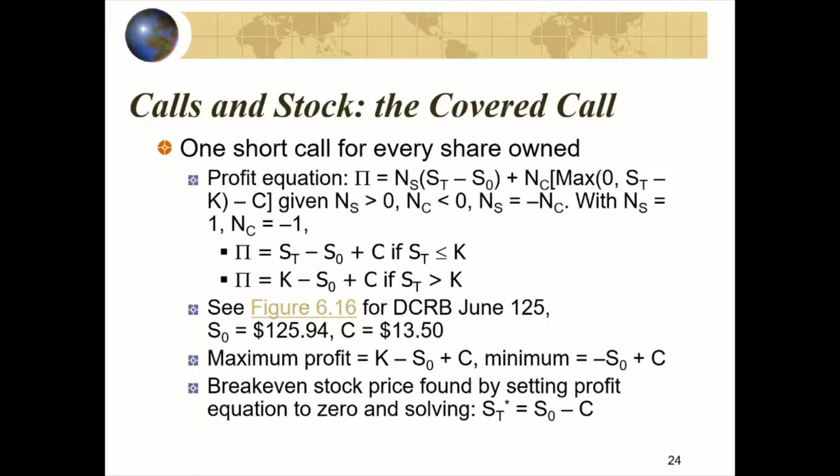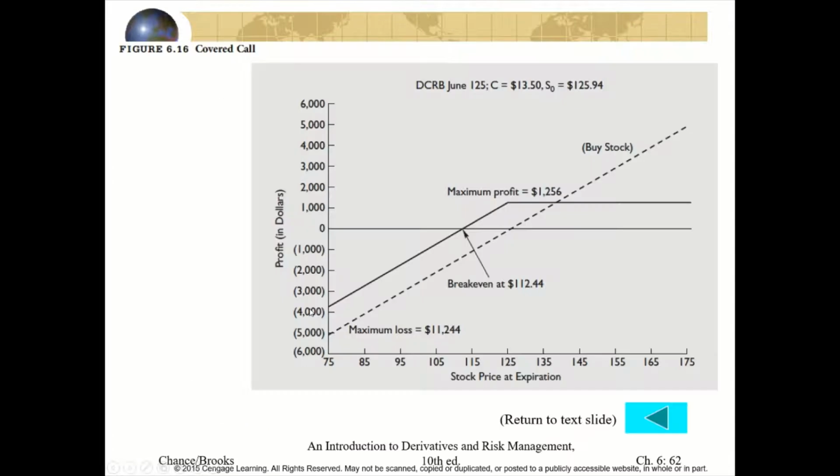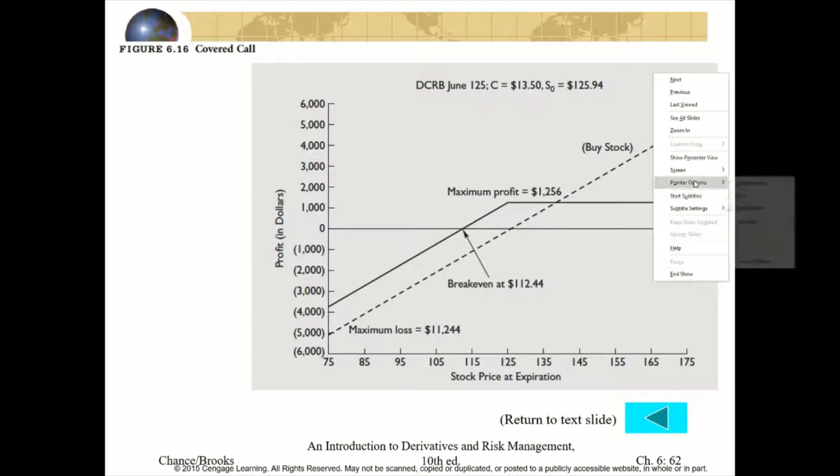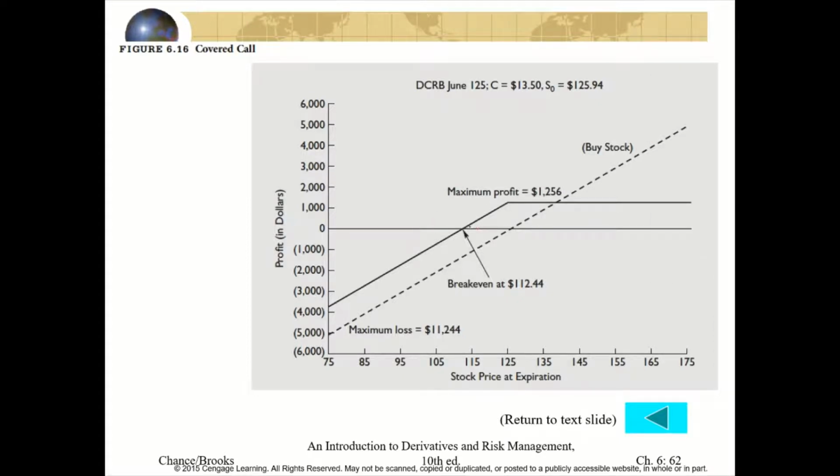Let's look at the profit diagram for the covered call. Compared to just taking a long position in the stock, what do you notice? We need to look first at the break-even point. So the break-even point for the covered call is 112.44, which is lower than the break-even point from buying the stock only, which is 125.94.